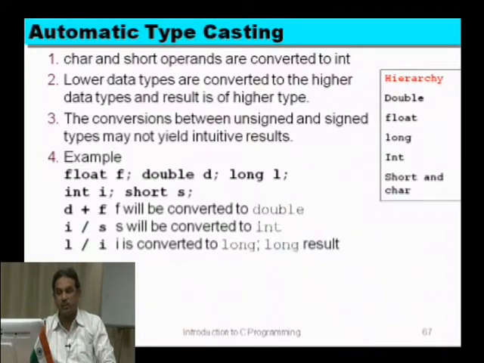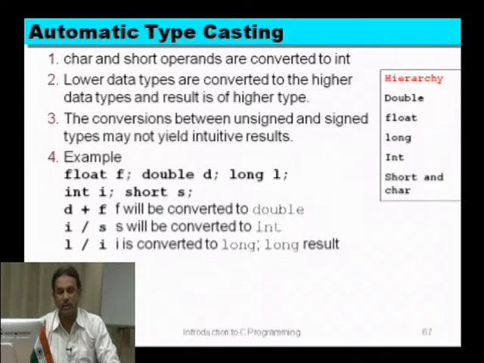So this is the hierarchy of operators. By default, if you have character and short, it is automatically converted into integer. Then lower data types are converted to the higher data types and the result is of the higher type.